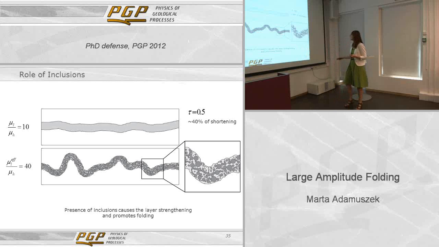Also notice what I call roughness generation: when the inclusions were deformed, the material from between inclusions was expelled and created perturbations. So the presence of inclusions led to the strengthening of the layer, but also the generation of perturbations, which both promote folding.